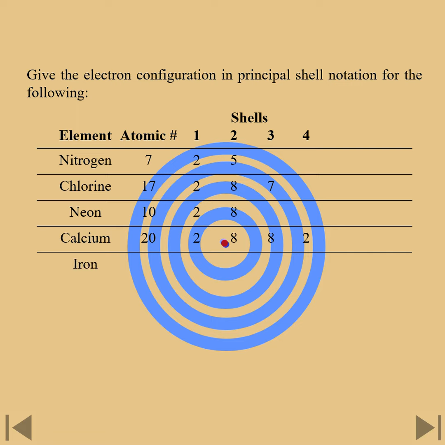Okay, let's go a little bit bigger. Iron, what's the atomic number for iron? 26. Of those 26, how many go into shell 1? 2. Of the remaining 24, how many go into shell 2? 8. Shell 1, shell 2, very easy. Of the remaining 16, how many go into shell 3? Well, we know we begin with 8.